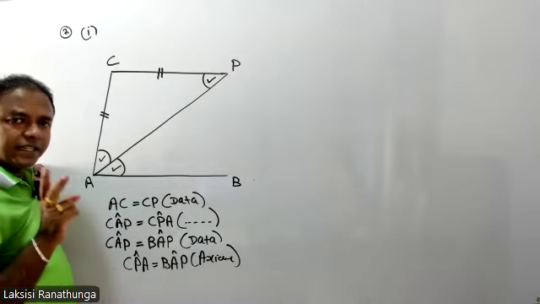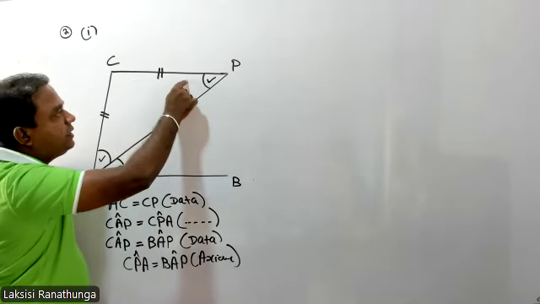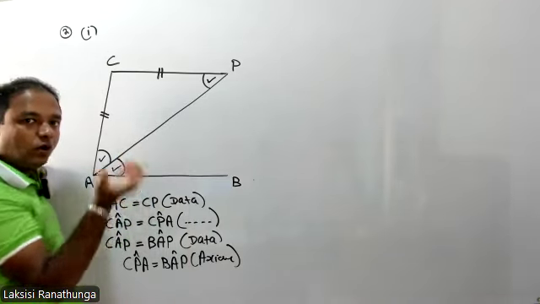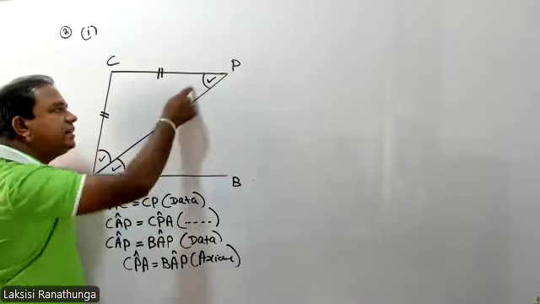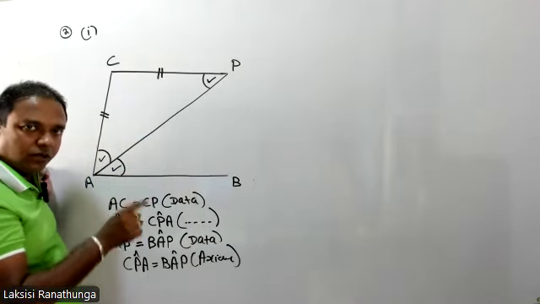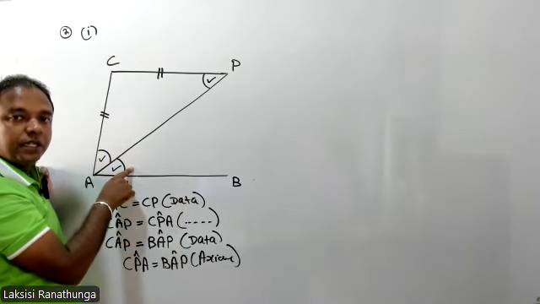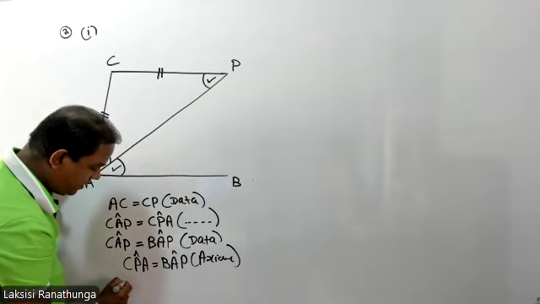Now if we consider the two straight lines AB and CP, these two angles are alternate angles, and the formed alternate angles are equal. Therefore, the two straight lines AB and CP are parallel.